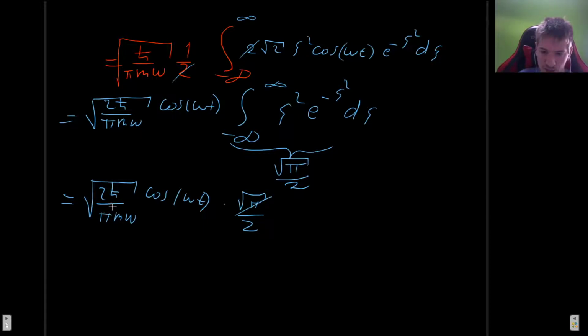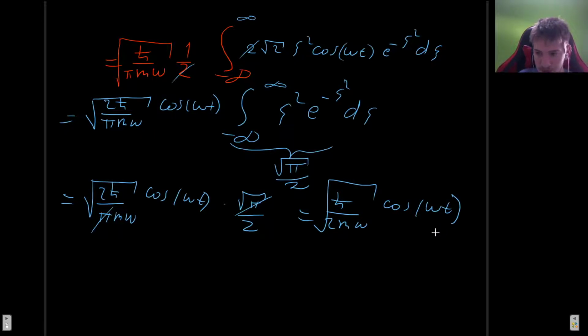So these pi's would cancel out, and we are going to be left with the square root of h bar divided by 2m omega times cosine of omega t. So what we can see here is going to be the expectation value of x. We can see that it has an amplitude of oscillation of the square root of h bar divided by 2m omega, and it has an angular frequency of just omega, right?